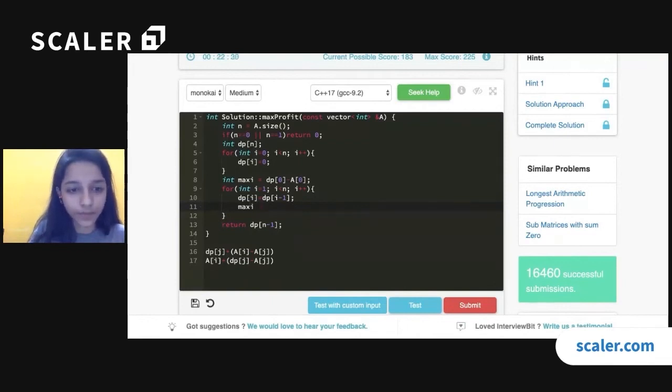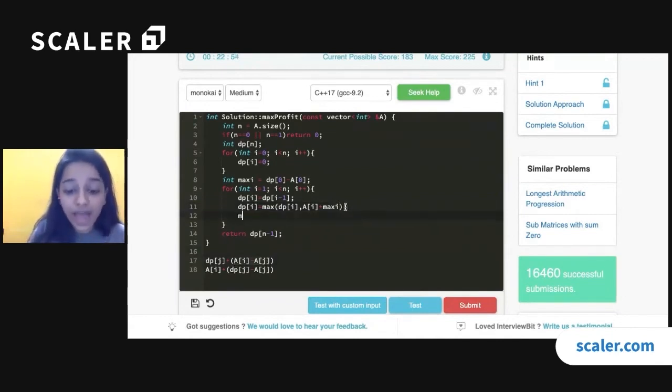And we have maxi. Sorry, first we have to update the dp of i. So dp of i is equal to max of dp of i comma a of i plus maxi, right? So basically here this value has been replaced by maxi.